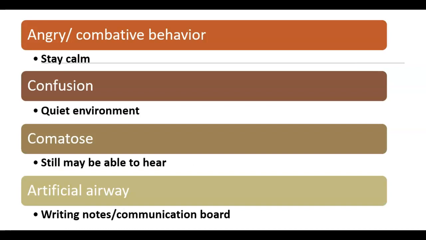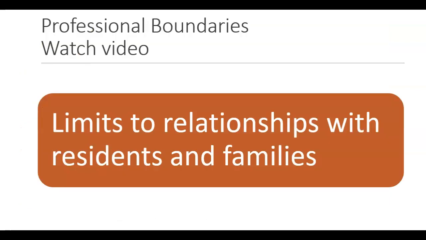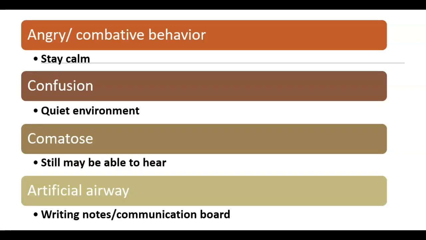If they are angry or combative, you have to stay calm yourself. If they are confused, you need to get them in a quiet environment. Comatose: you need to remember that they still may be able to hear. One of the last senses to go is hearing. If they have an artificial airway on a ventilator or something like that, you may have to use writing notes or a communication board.